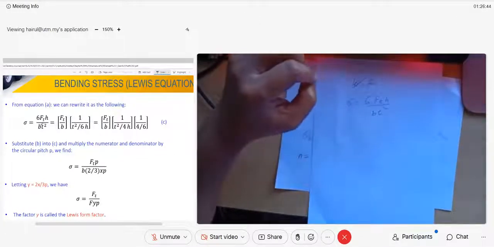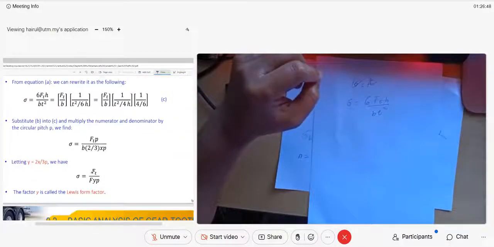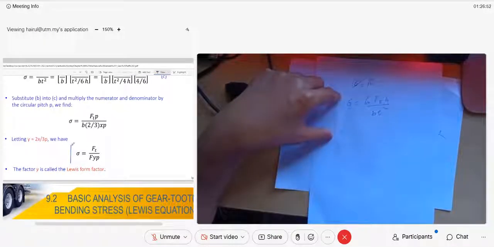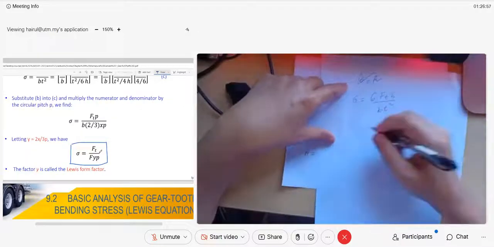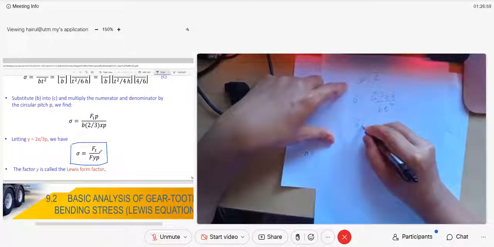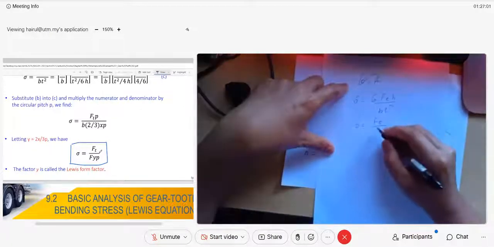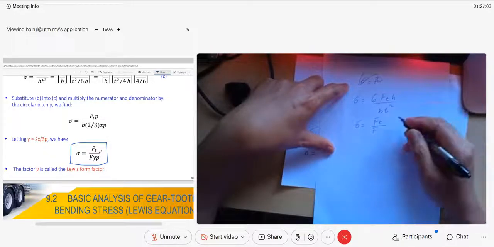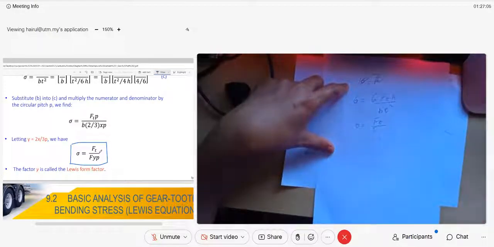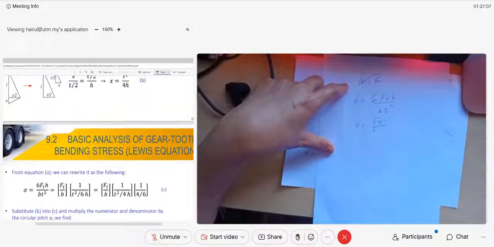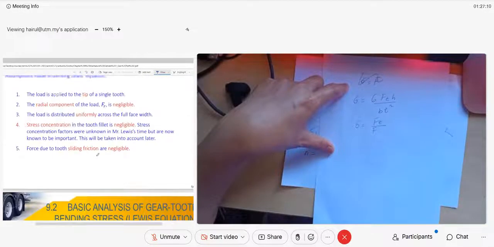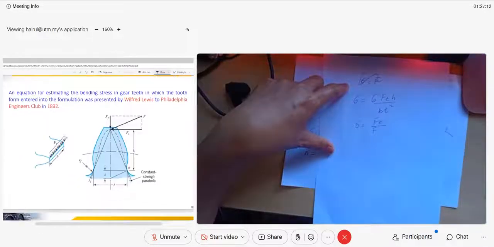But at the end, this formula is replaced by sigma is F tangent over F times Y. Here F is your face width, guys, not F tangent.